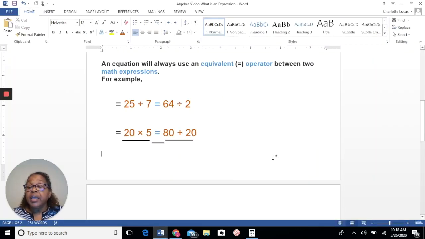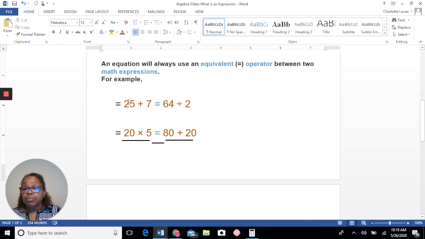We were using an equation, and an equation will always use an equivalent operator, the equal sign, between two math expressions. An expression is a number with a mode of operation between another number. This number added to this number, okay?